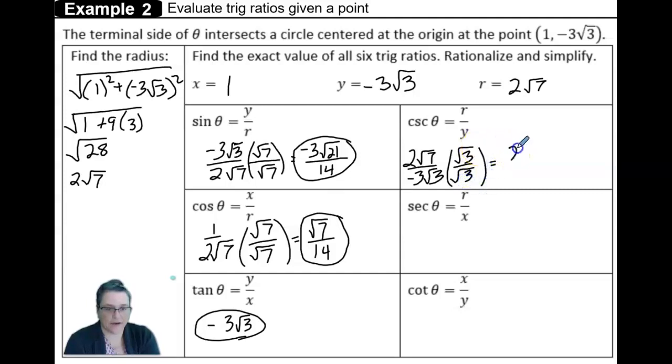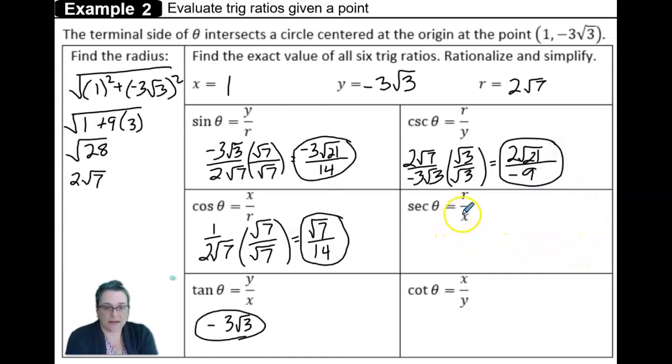So in the numerator we have 2√21. And in the denominator, √3 times √3 is 3, times -3 is -9. And that would be the cosecant of theta.